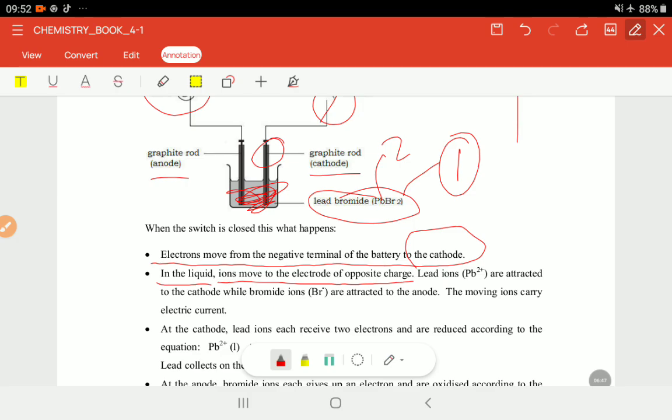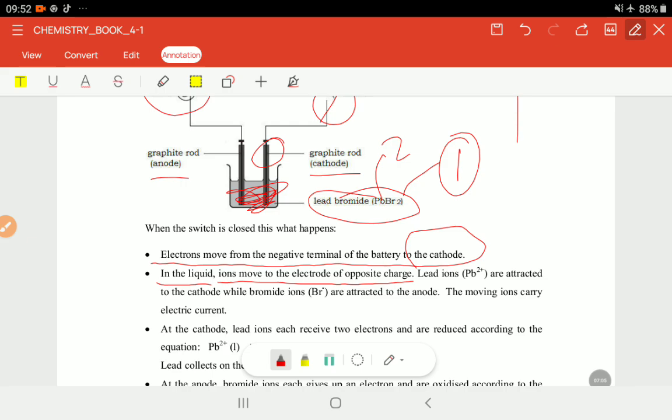The current passes through it and it decomposes, and because this is lead bromide, we have the lead part which will have the positive ion, obviously, because that's a metal, and we'll have the bromide which will be negative.